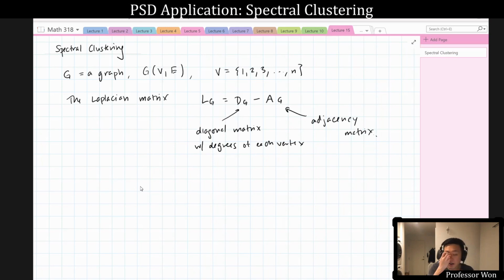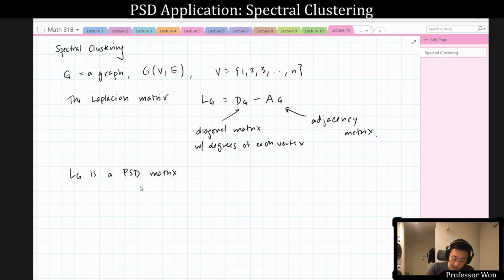And last time what we saw is that this Laplacian is always a positive semi-definite matrix. Since it's positive semi-definite, all of its eigenvalues are non-negative. And we saw that 0 is always an eigenvalue.